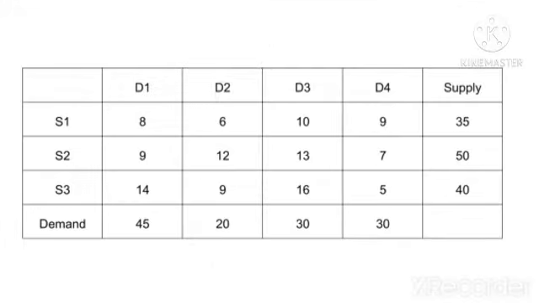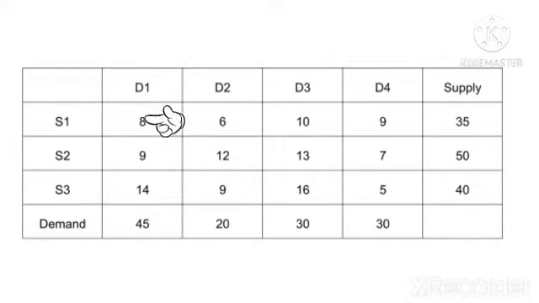We are going to start from the upper left corner to the lower right corner. Since this is the northwest corner, we're going to start with this cell. We are going to find the demand and supply.